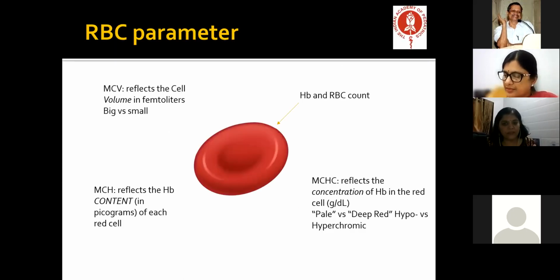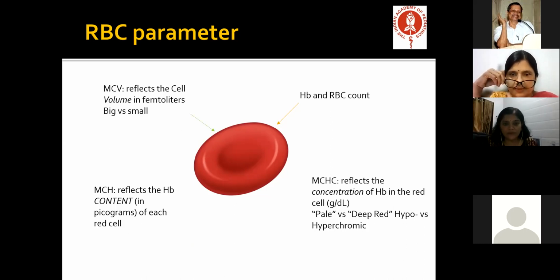So the Hb and the RBC count, everyone can understand, that's the hemoglobin content of the red blood cell and the number of red blood cells that you find. Whenever you have anemia, your red blood cell count might decrease if it's an acute blood loss, but if it is a prolonged deficiency, then your RBC count can sometimes actually increase as well, because your marrow is trying to produce more cells, although it's an ineffective production.